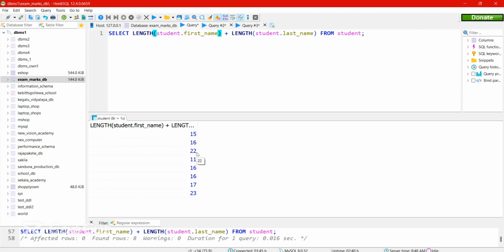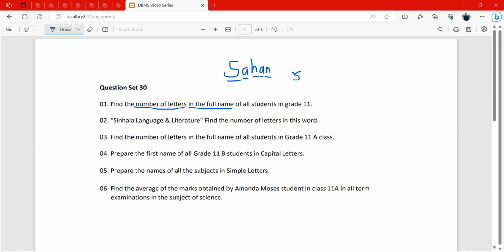The third one has 22 characters. The fourth one has 11 characters. Like that, we have found out the number of characters of all our students. So this is the answer for the first question.